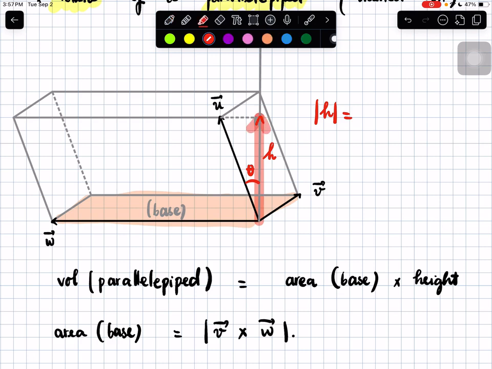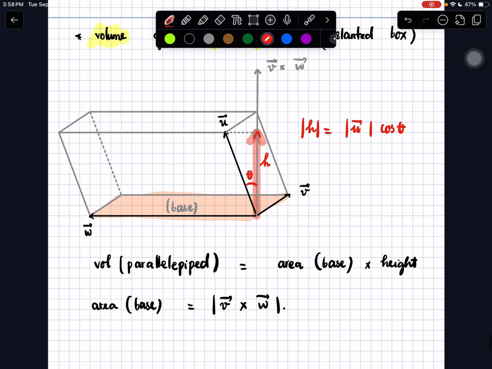Then I have the height is, if it's a right triangle, the length of u times cosine of the angle theta. The length of u times cosine of the angle theta. Okay, so now we have the height.